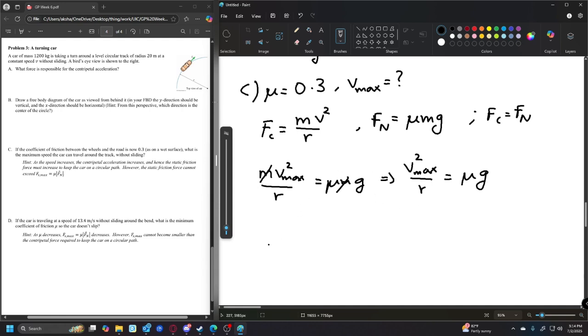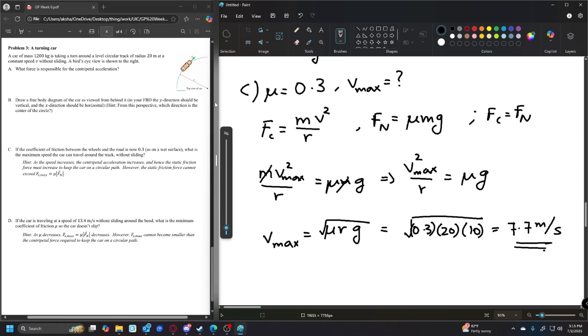And now we need to find v, so v max is finally the square root of mu r g, and solving for this, mu is 0.3, the radius is 20 meters and g is just 10, so that's 200 under the root, which gives us approximately 7.7 meters per second as the maximum velocity of your car that it can go without slipping if the coefficient of friction is 0.3.